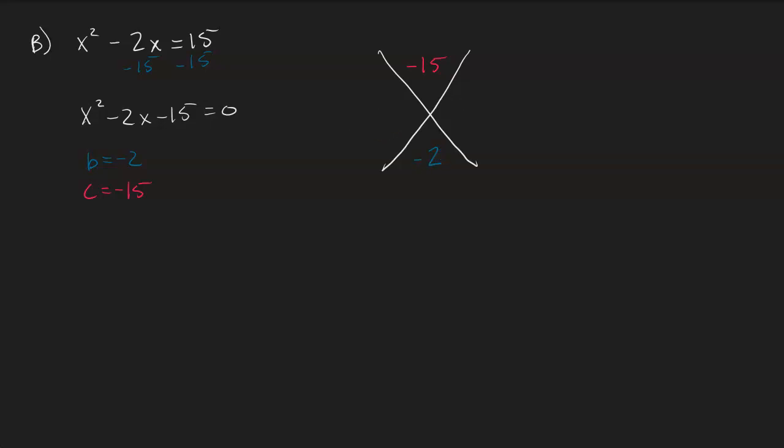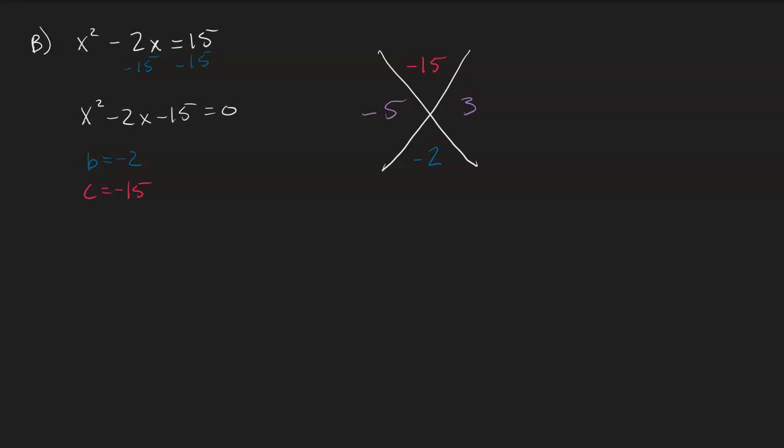So playing around with it, some might say negative 3 and positive 5. But the problem is that would give you positive 2. So make sure it is, in fact, negative 5 and positive 3. Negative 5 times 3 is negative 15. Negative 5 plus 3 is negative 2.